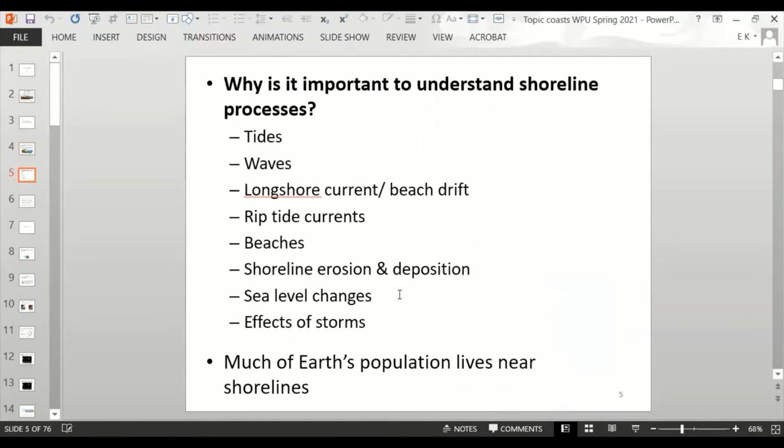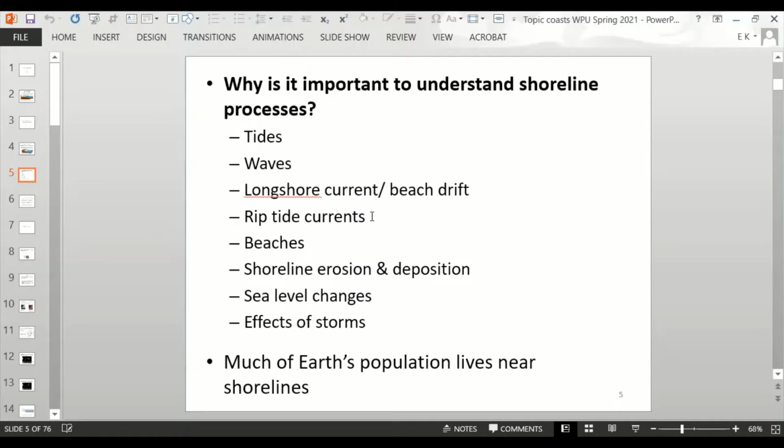So why is it important to understand shoreline processes? We want to study tides and how they affect the shoreline. Waves. We have a process called longshore current and another process called beach drift. And these work in a similar fashion along with each other.